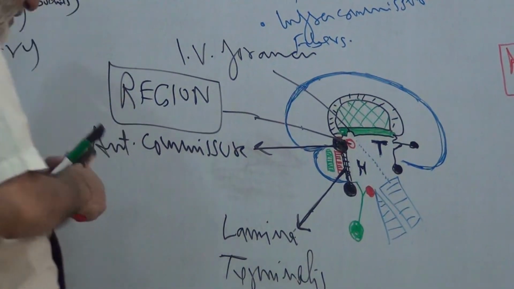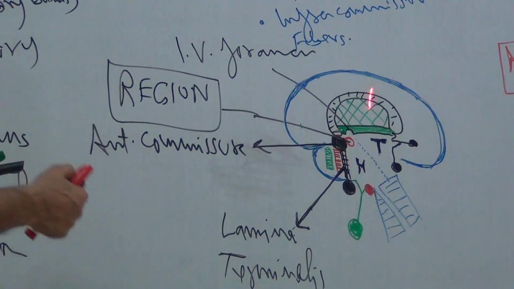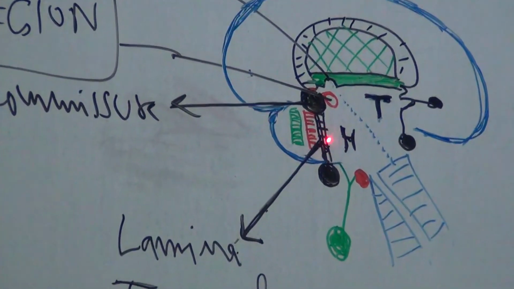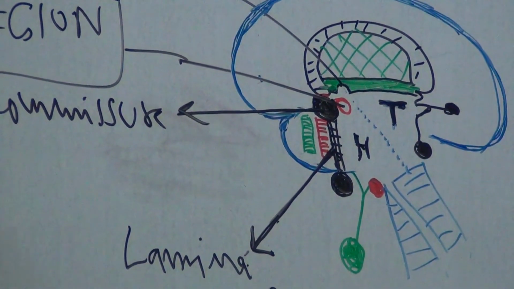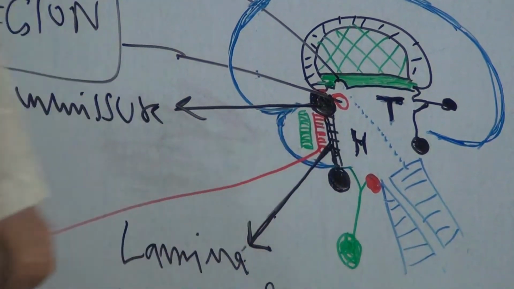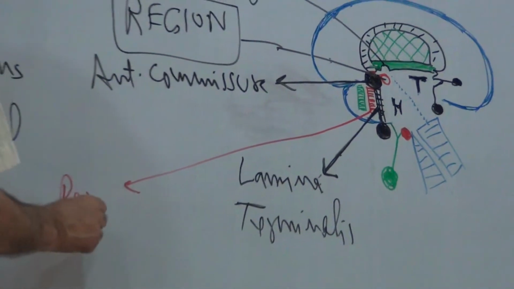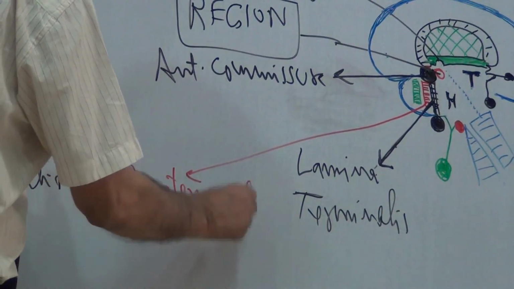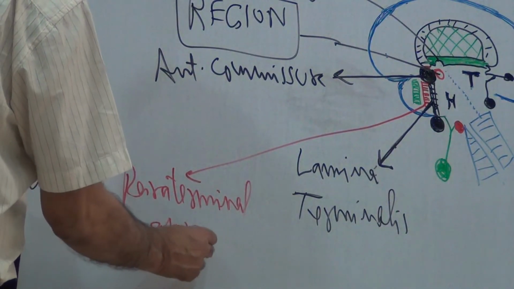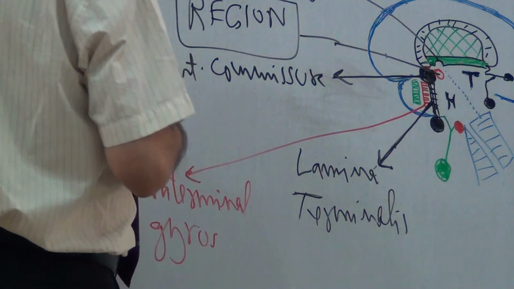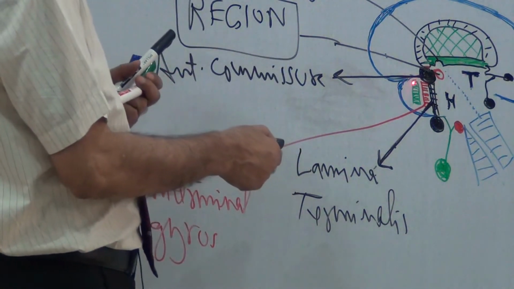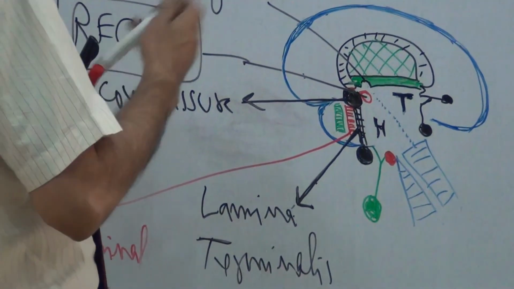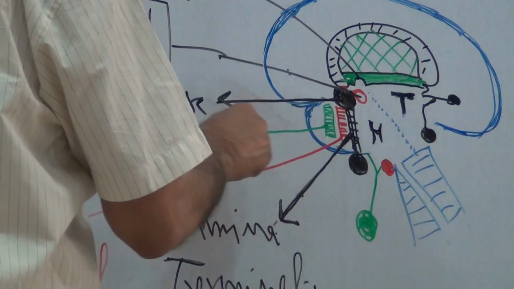The gyrus which runs parallel to the lamina terminalis anteriorly is known as the paraterminal gyrus. And still in front of it, there is again a small vertical gyrus, known as the subcallosal gyrus.